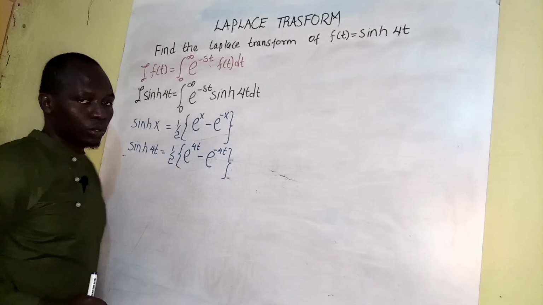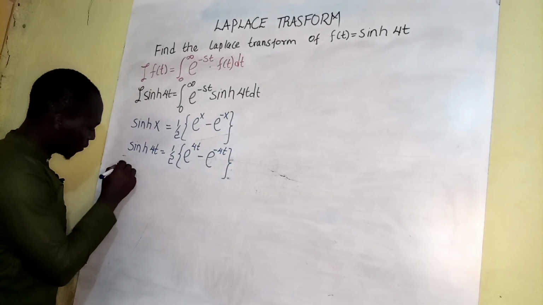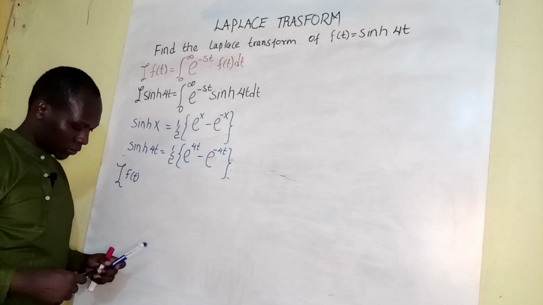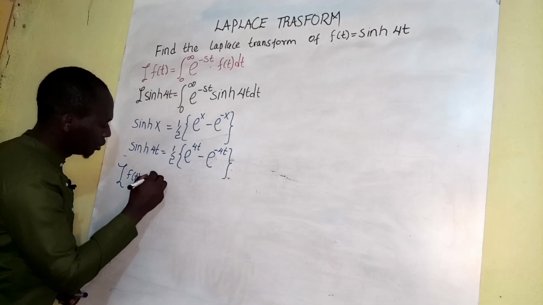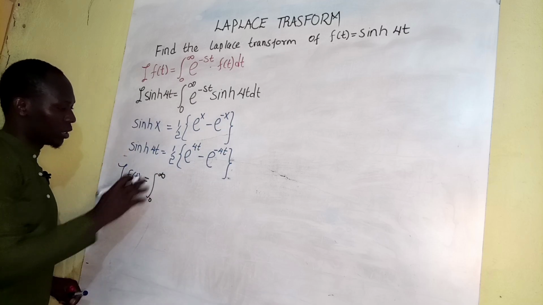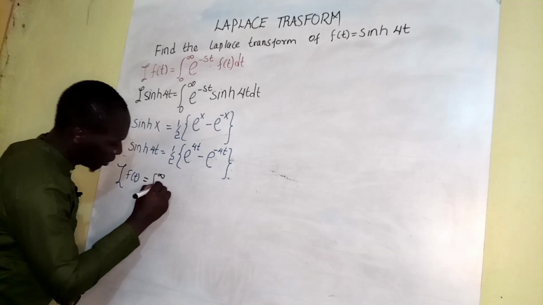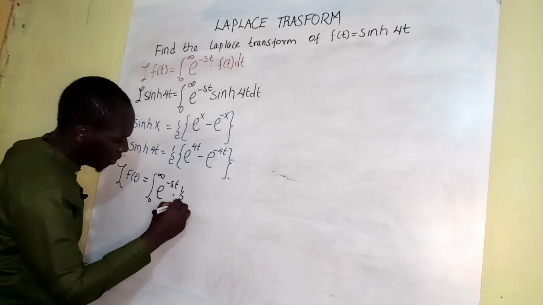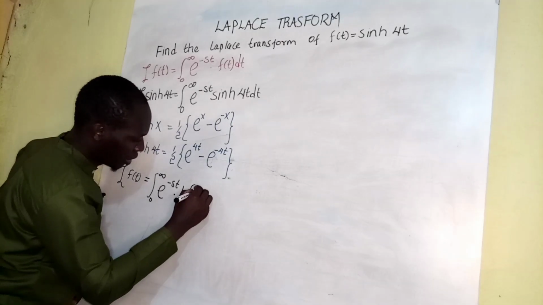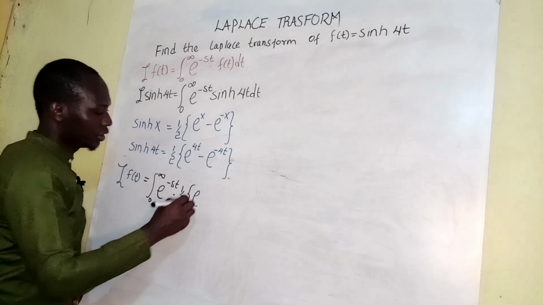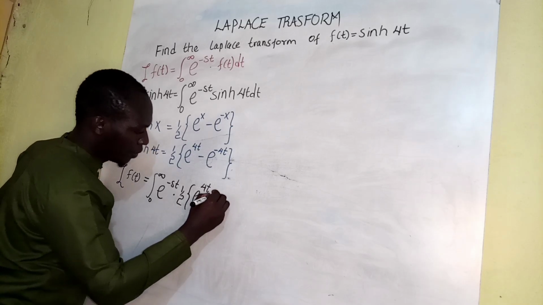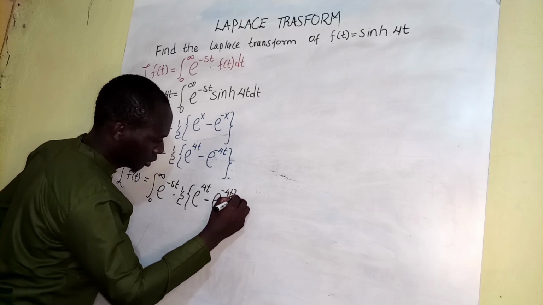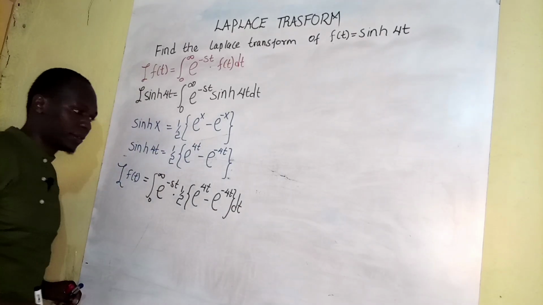After conversion of sine hyperbolic 4t into an exponential, we can go back to our working, whereby we say that the Laplace transform of our function f of t is going to be equal to the integration, with respect to our limits, of exponential negative st times sine hyperbolic 4t, which is equal to a half into exponential 4t subtract exponential negative 4t, and our integration was with respect to dt.